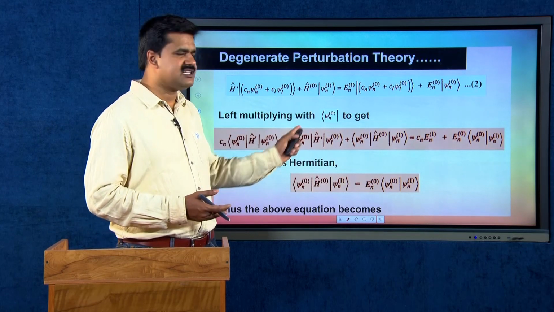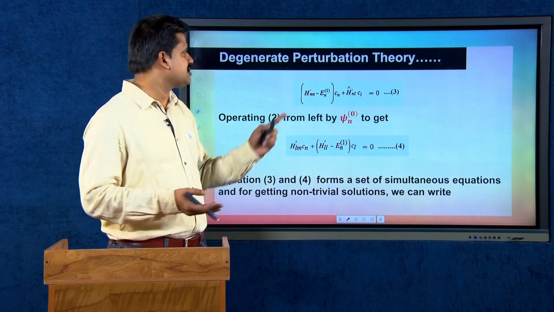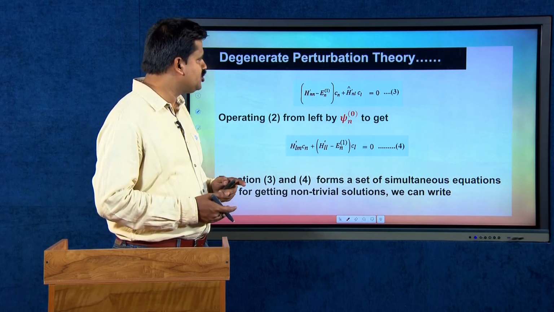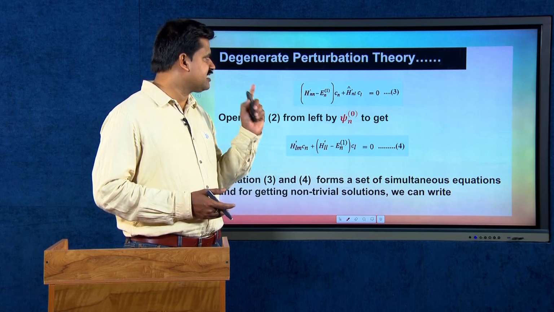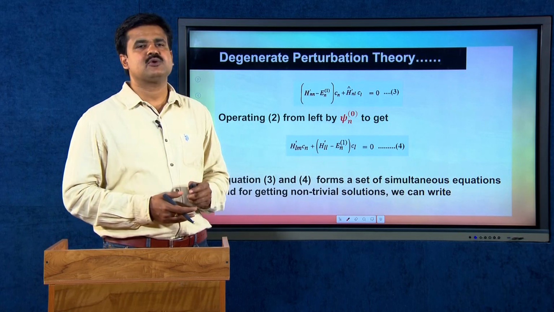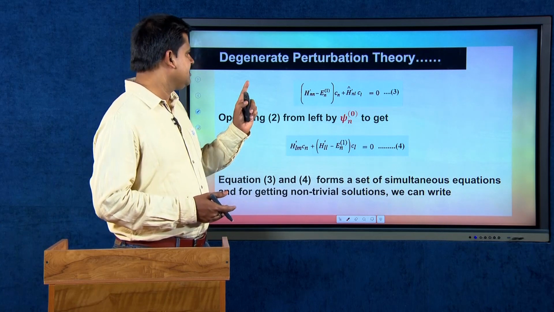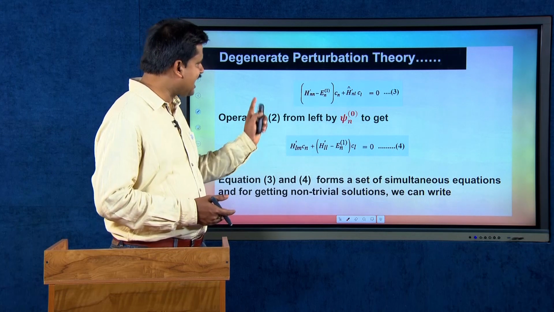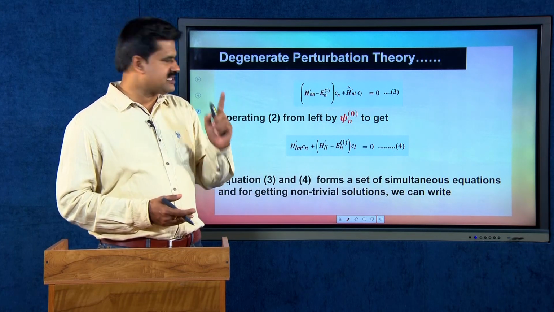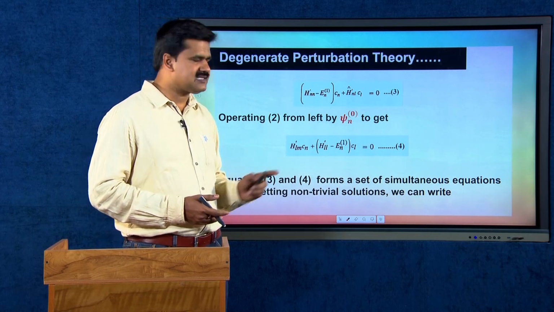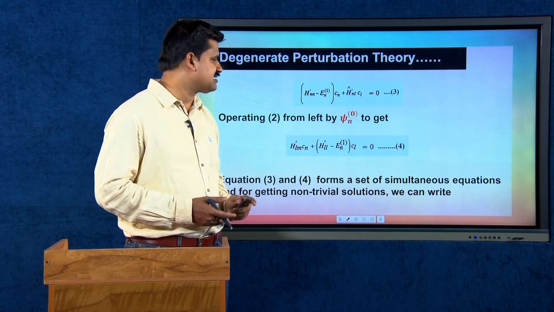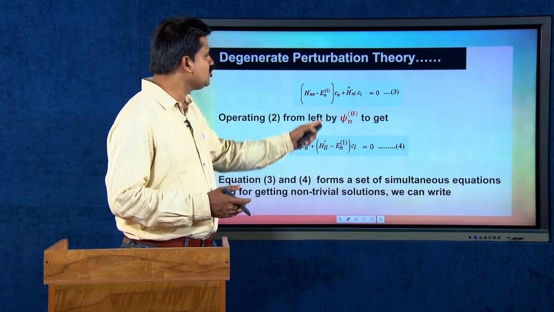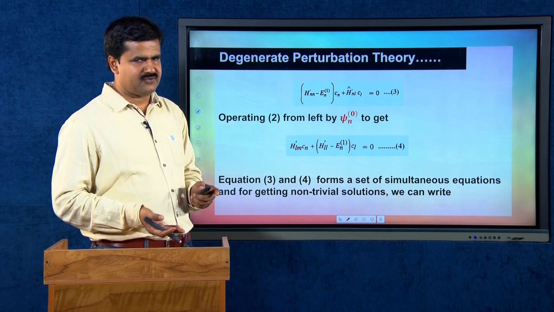Thus, this lengthy equation can take the symbolic form (H dash nn minus En1) Cn plus H dash nl Cl is equal to 0. Operating on equation 2 from the left by psi l0, we get another equation, that is H dash ln Cn plus (H dash ll minus En1) Cl is equal to 0. So we get two sets of equations, equation 3 and 4.